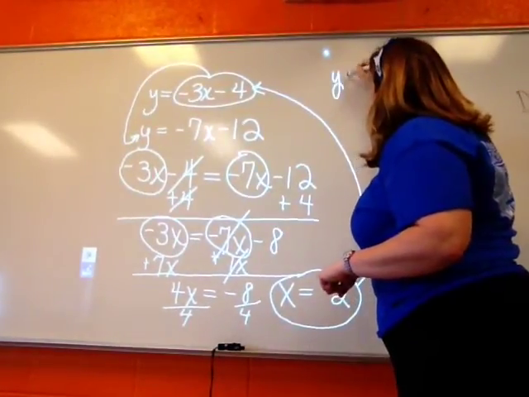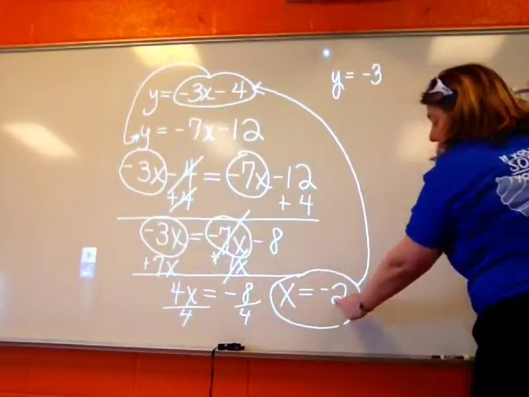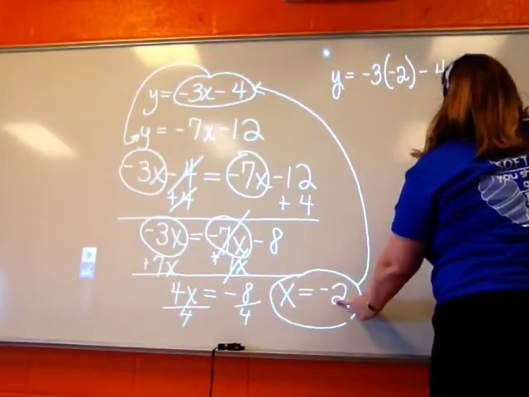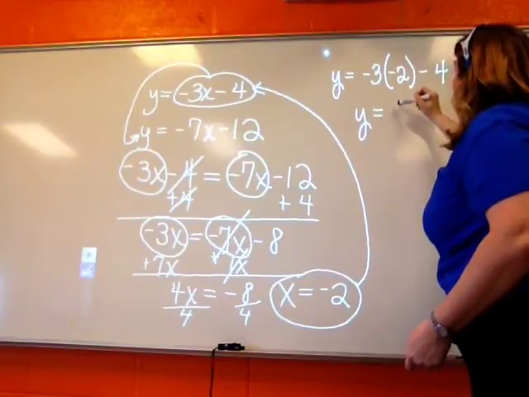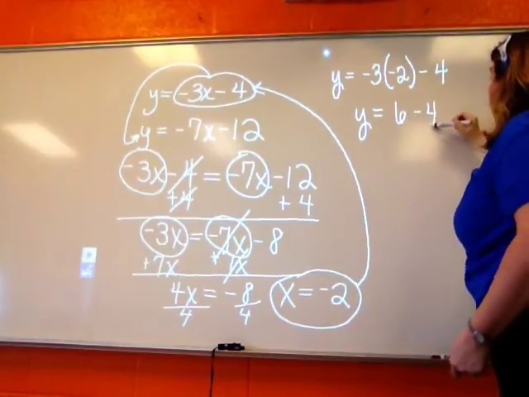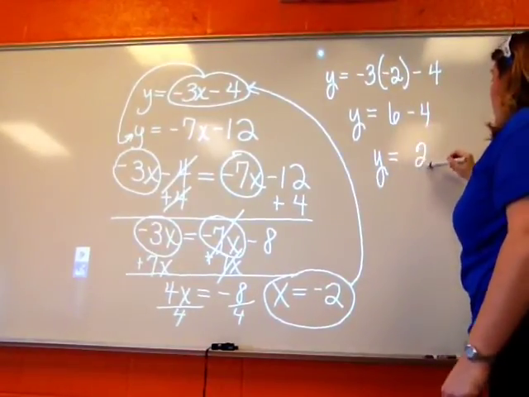So y is now equal to negative 3, and instead of x, I'm going to replace that x with my negative 2, minus 4. So that means y is going to equal negative 3 times negative 2, which is positive 6, minus 4. So y is equal to 6 minus 4, which is 2.